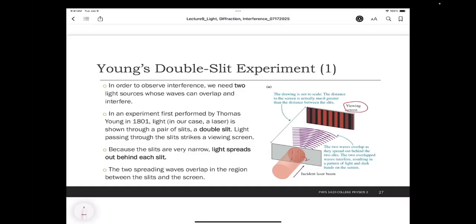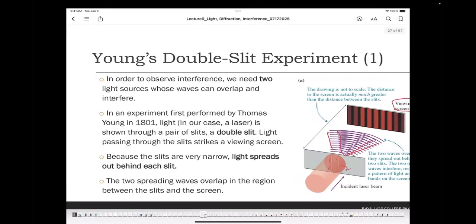And you can see because the slits are very narrow, the light spreads out behind each slit. Here is one, here is two. Those two spread waves overlap in the region between the slits and the screen, and then they will overlap and interfere.